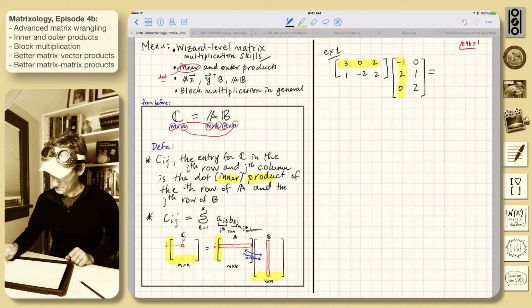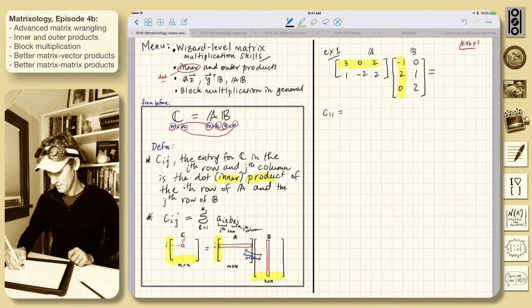So if this is A, and this is B, then we would say C11 equals, we could write it out, the dot product of 3, 0, 2 and minus 1, 2, 0.